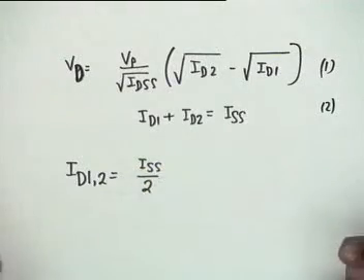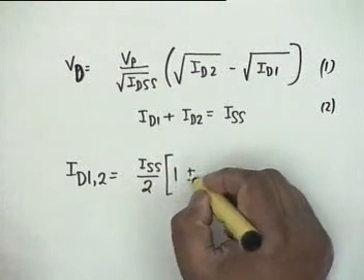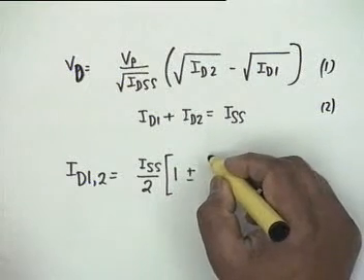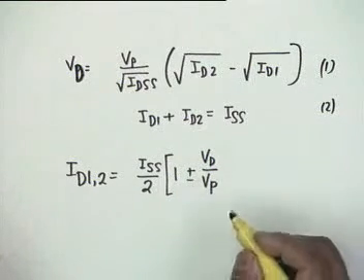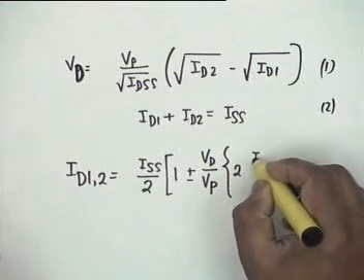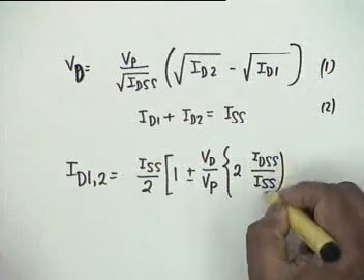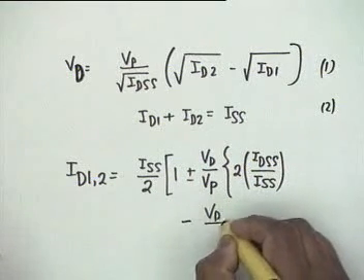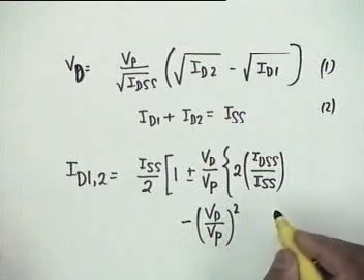ID1 and ID2 are equal to ISS by 2, times 1 plus or minus. It is not as simple as in the BJT case, it is somewhat involved. VD by VP, distinguish between D and P, then twice IDSS divided by ISS minus VD by VP squared.